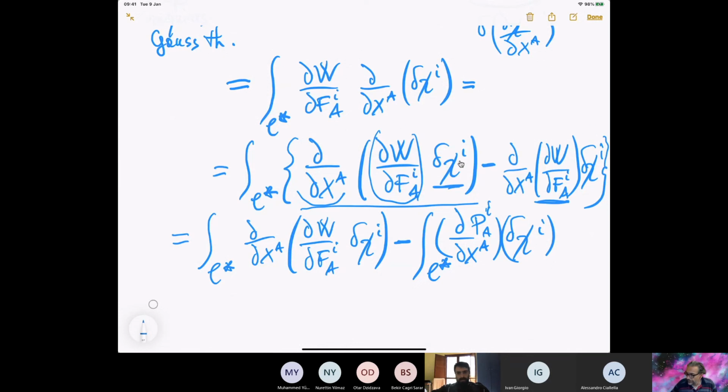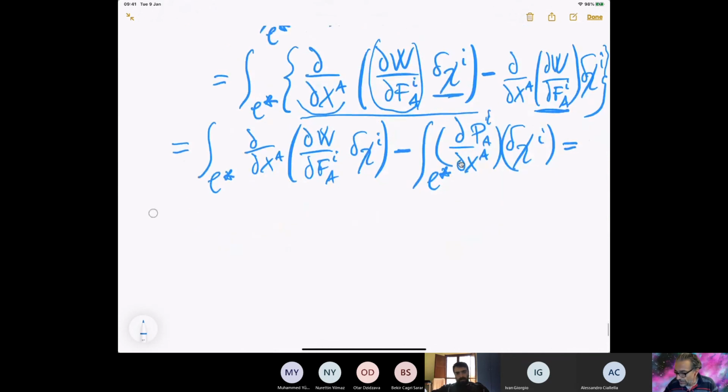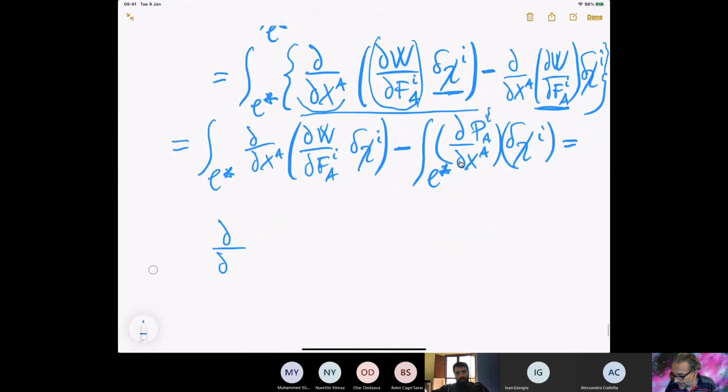Okay. Now d over dx_A of a vector, let us call it V^A, is what is called the divergence of the vector. Forget about the i index because it is saturated.